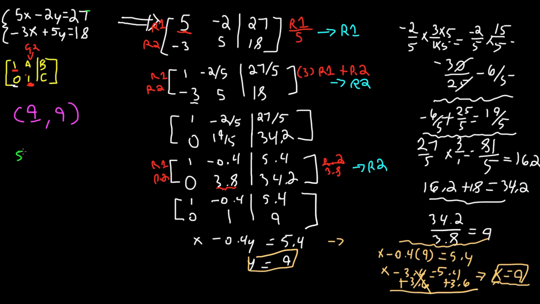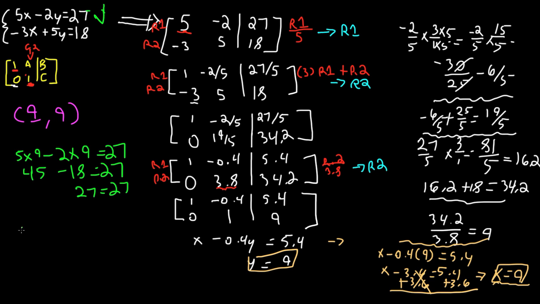So 5 times 9 minus 2 times 9, does that equal 27? 5 times 9 is 45. 2 times 9 is 18. Does 45 minus 18 equal 27? Yep. 27 equals 27. So this one is a check.